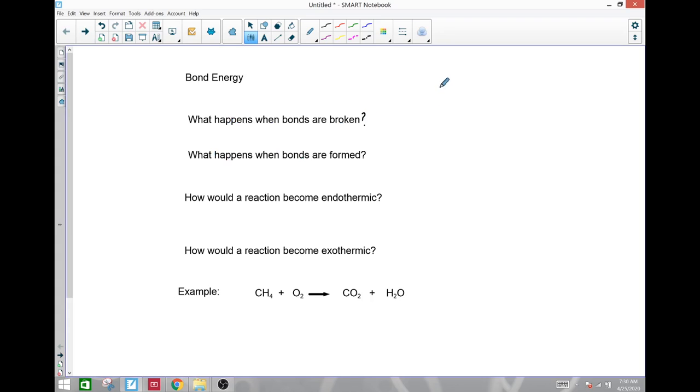Well, if I have an atom and it has electrons around the outside, and I have another atom and it has electrons around the outside, and let's say they're bonded, okay? Why are these two things bonded? It turns out that these electrons are attracted to the other atom's nucleus, literally.